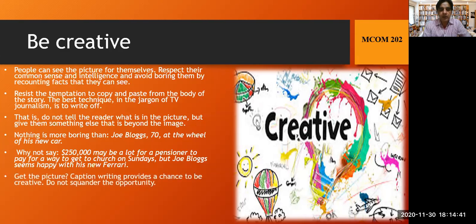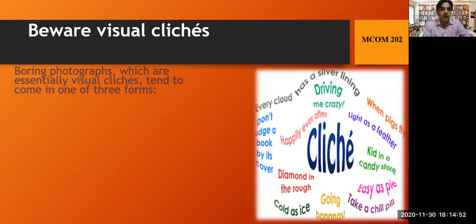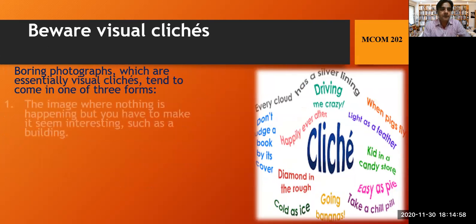So get the picture. Caption writing provides a chance to be creative. You should be creative, and your captions should not be dull. Beware of visual cliches. Boring photographs, which are essentially visual cliches, tend to come in one of three forms. Images where nothing is happening, but you have to make it seem interesting, such as buildings.